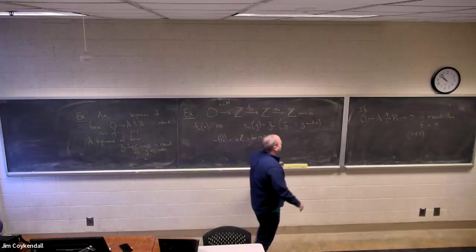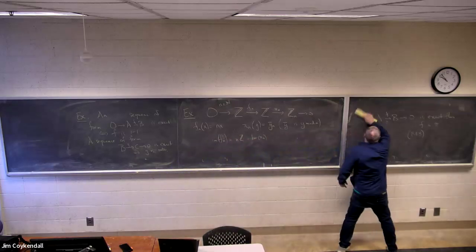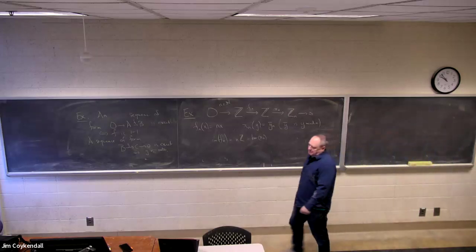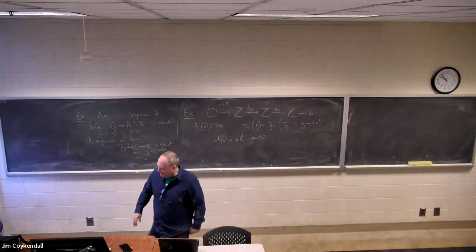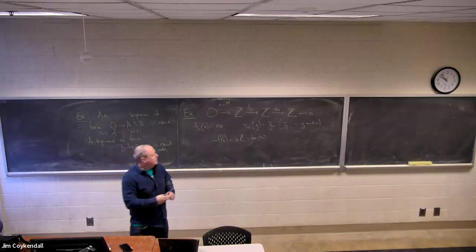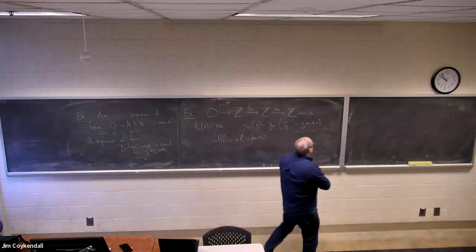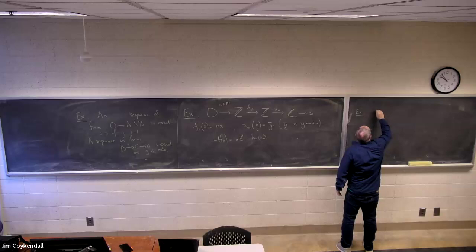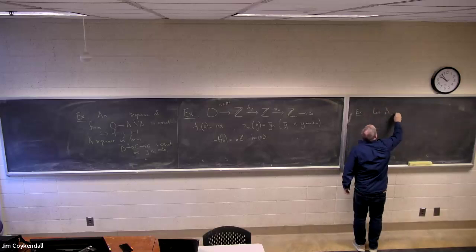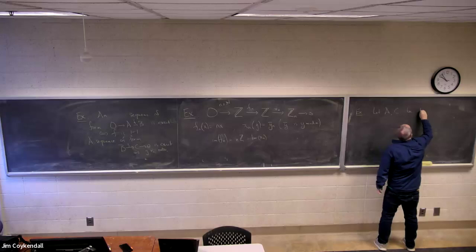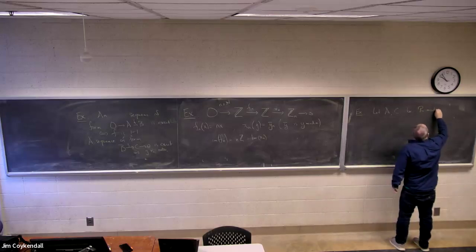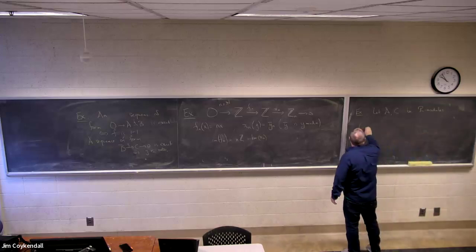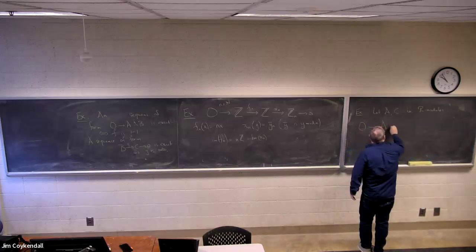Here's a big standard way to build an exact sequence, a good example of a short exact sequence, and I'm going to contrast it quickly with the previous example. Let A and C be abelian groups.